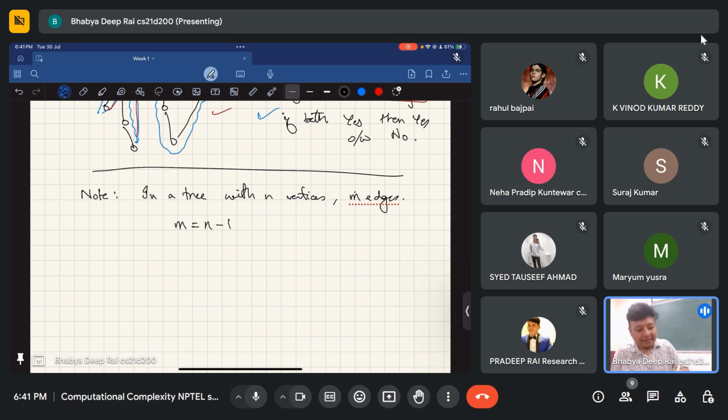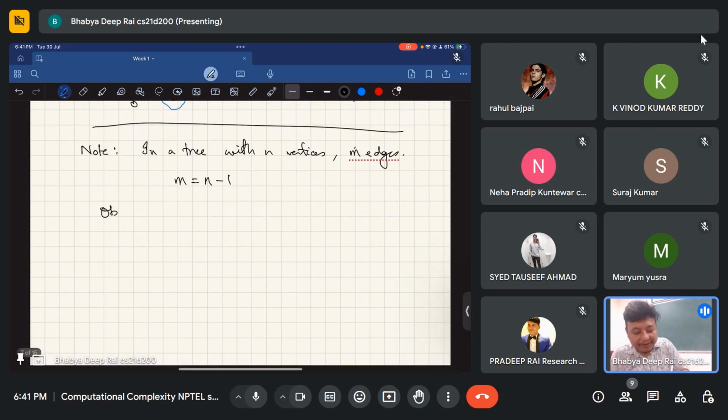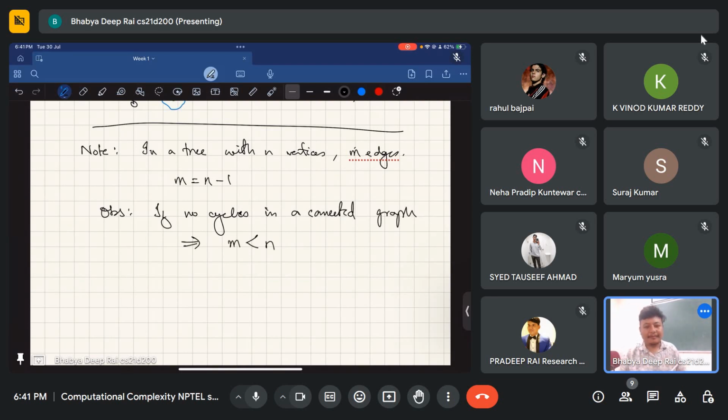But you need not know this exact fact. You can rather come up with your own observation as follows. If there are no cycles in a connected graph, then m is always less than n.